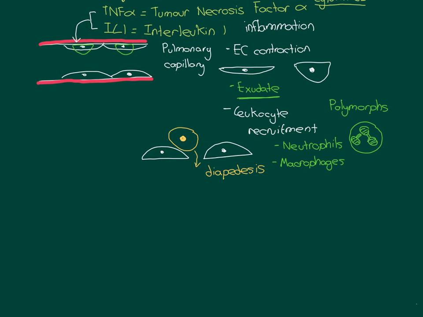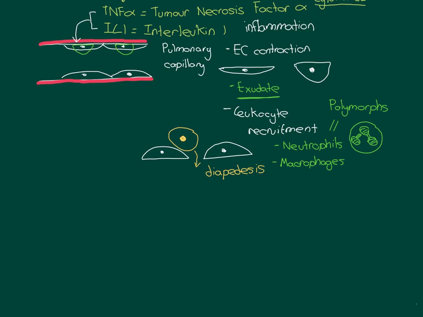So polymorphs is another name for neutrophils. So neutrophils, you have a lot of them in the bloodstream, and they're one of the cells that is always brought in inflammatory responses very early on to deal with the dangerous object that is present within the tissue, and they deal with pathogens by phagocytosing them and destroying them.